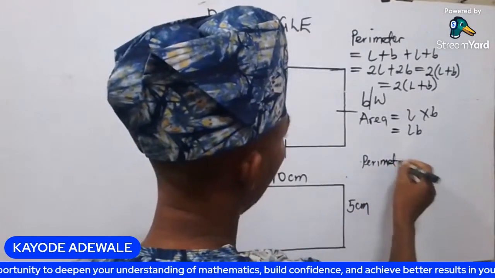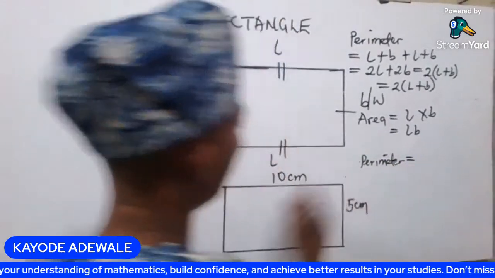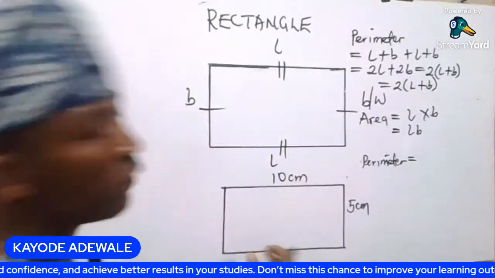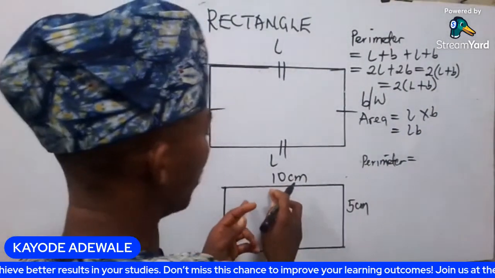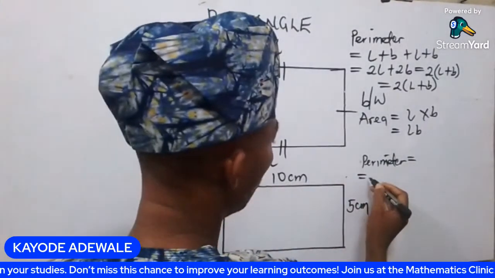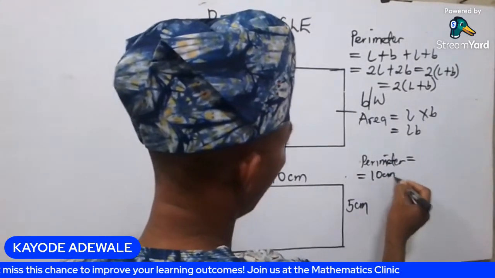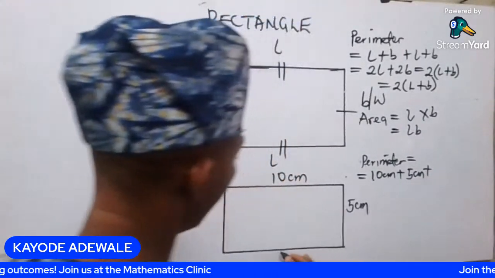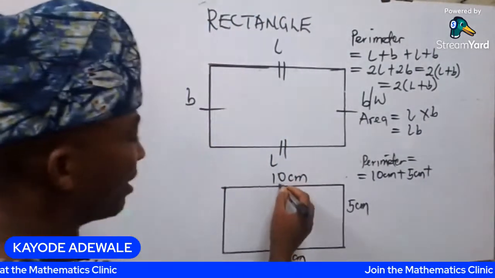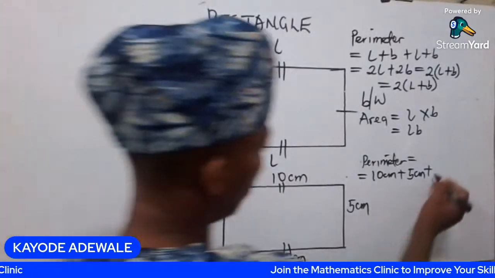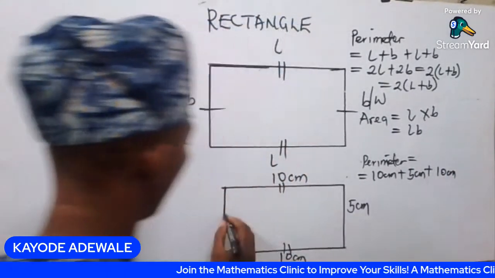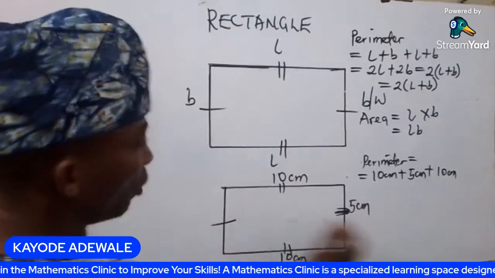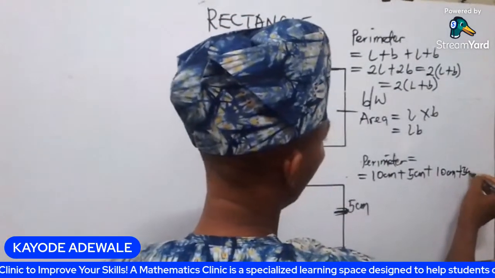We can make use of the formula, or even without using the formula, you just look at it: we have 10 centimeters, which is the length, plus the 5 centimeters, which is the breadth, plus the next, this 10 centimeters, because the two opposite sides are equal, then plus this last 5 centimeters.